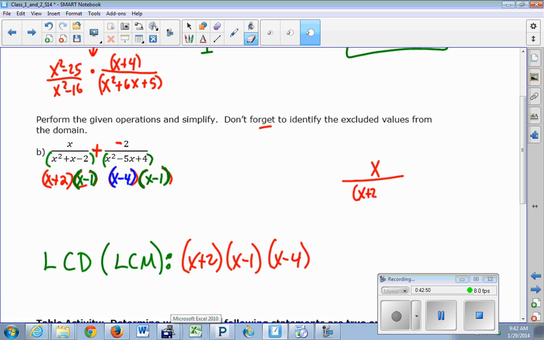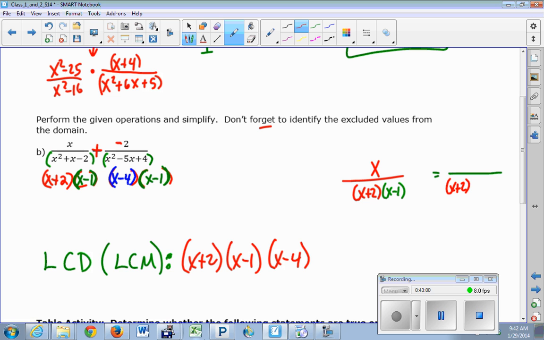So you look at your first fraction, which looks like this, and you want to change it to an equivalent fraction that has x plus 2, x minus 1, and x minus 4 in it. Okay? So you compare the two denominators, and you'd say, to go from this denominator to this denominator, they both have x plus 2's, they both have x minus 1's, it's missing a factor of x minus 4.